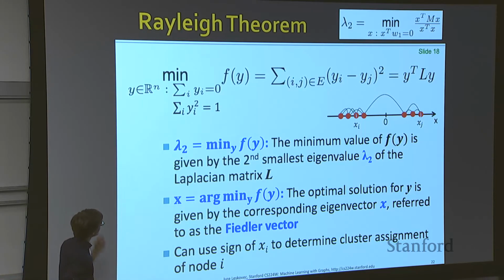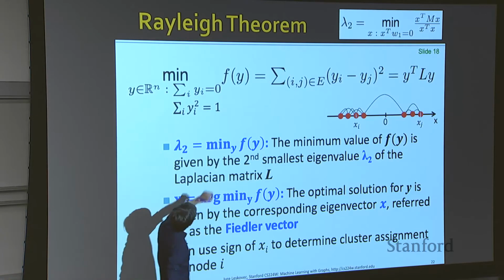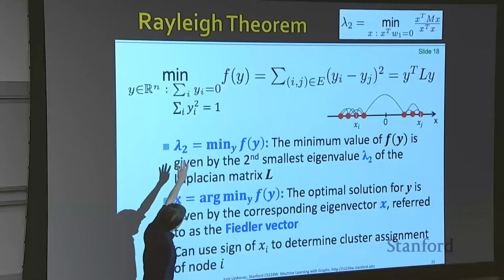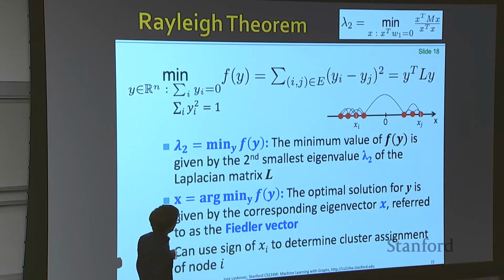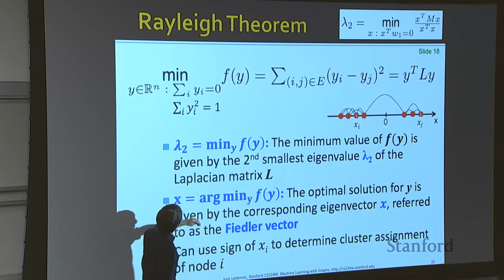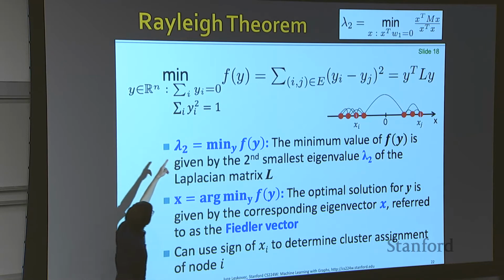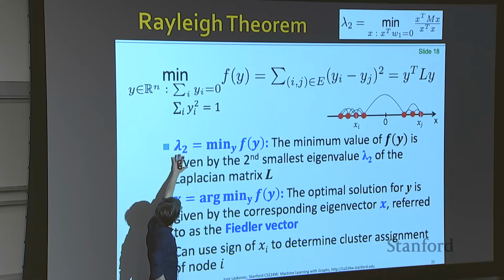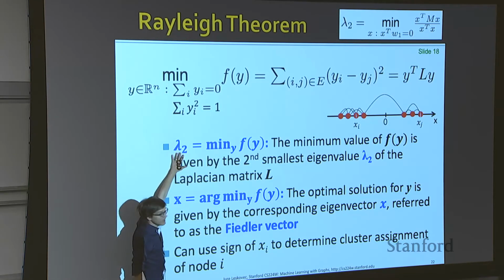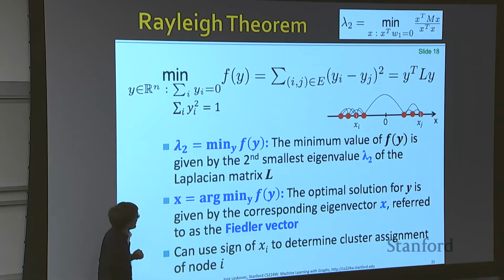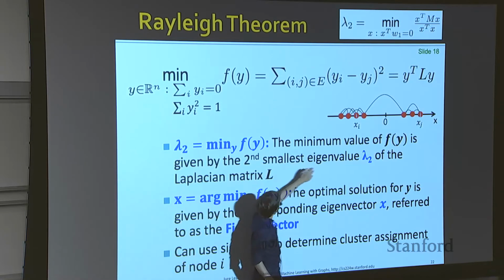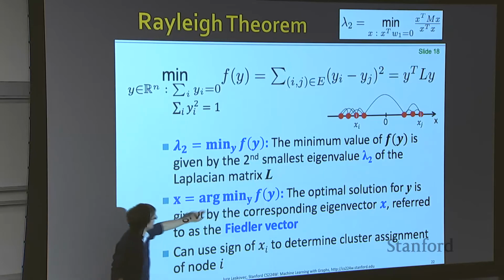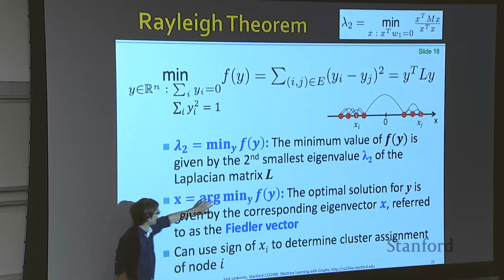What this Rayleigh theorem says is that if you compute the expression we talked about before, and you enforce that the values of this vector y sum to 0, and that the vector y has Euclidean length 1, then the solution to this optimization problem, lambda, is the value of the second smallest eigenvalue. So this means that the minimum value of this f of y is given by the second smallest eigenvalue of the graph Laplacian matrix L.